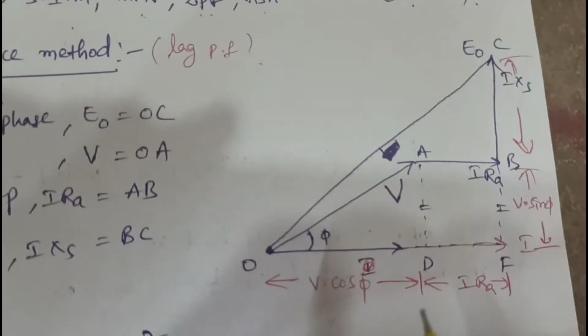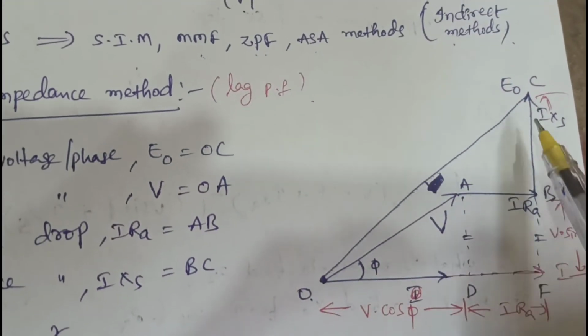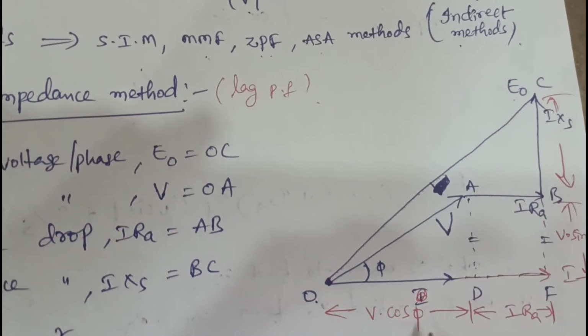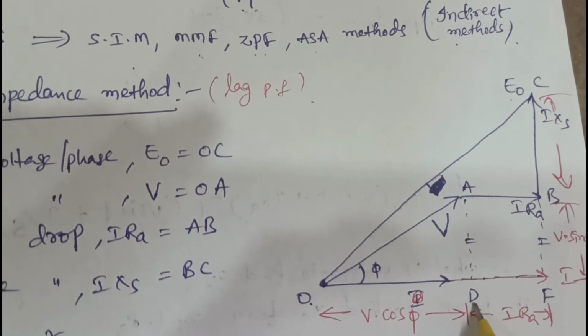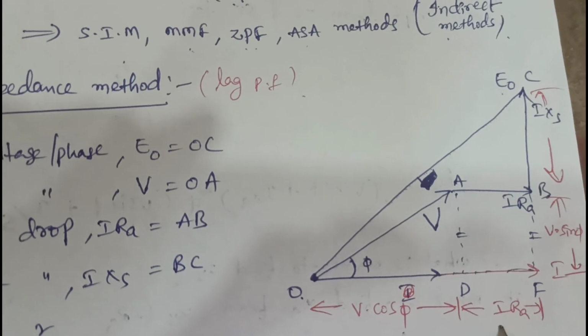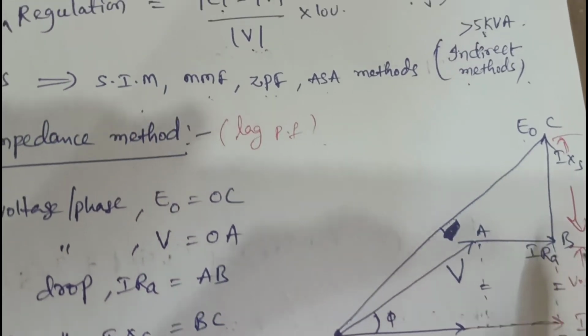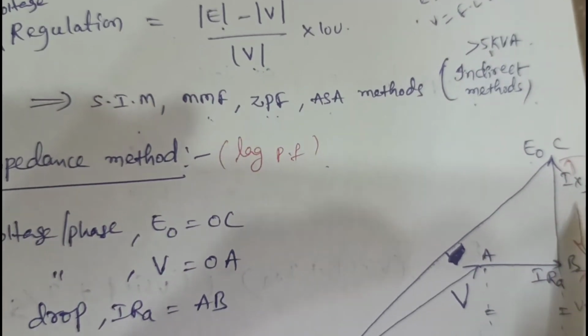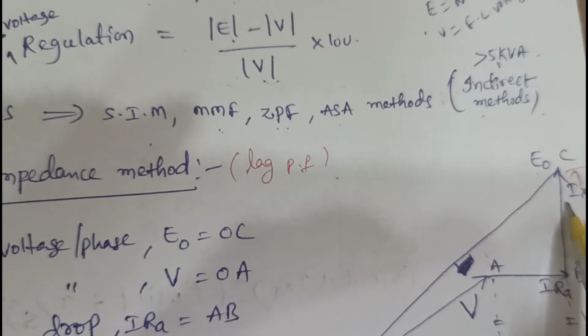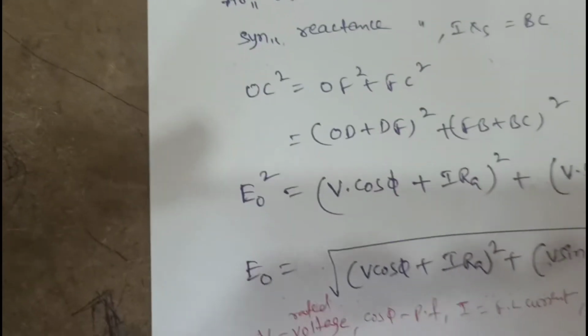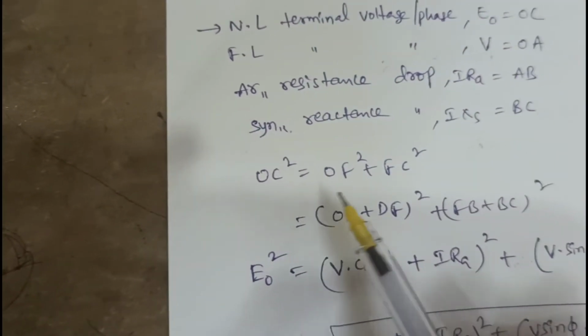So OC indicates E naught, OD indicates V into cos phi, DF means the I RA drop, the armature resistance drop, FB is V sin phi, and BC is the synchronous reactance drop I into XS. This is from the Pythagoras formula.